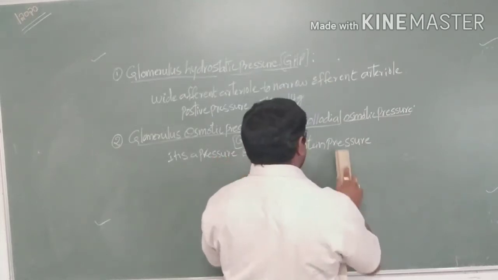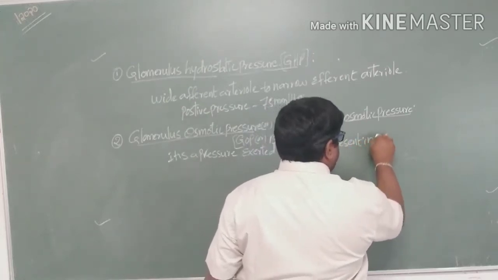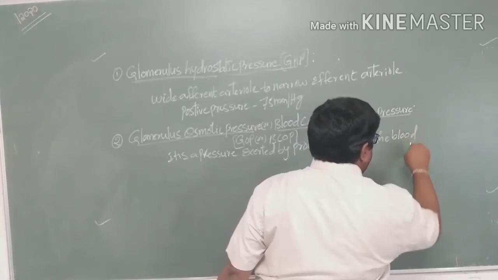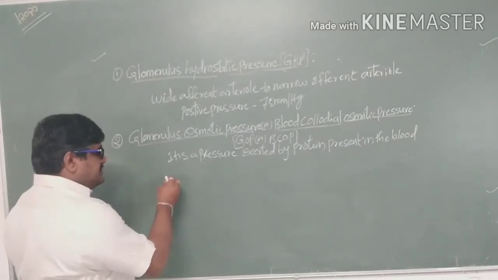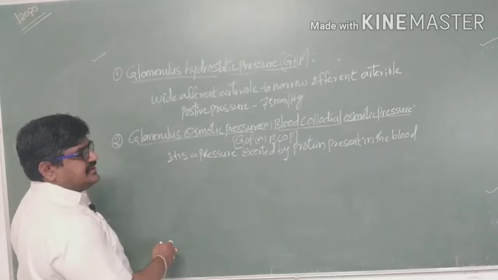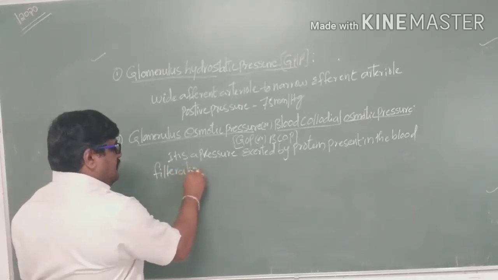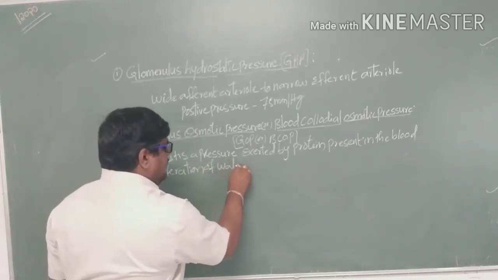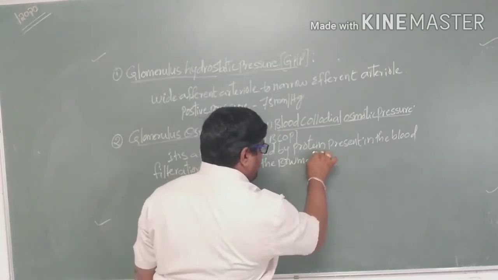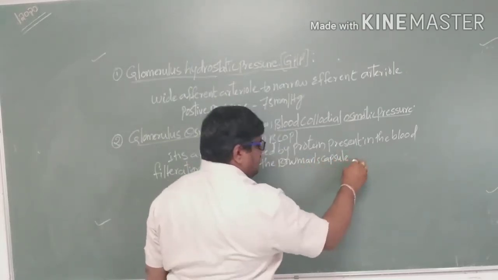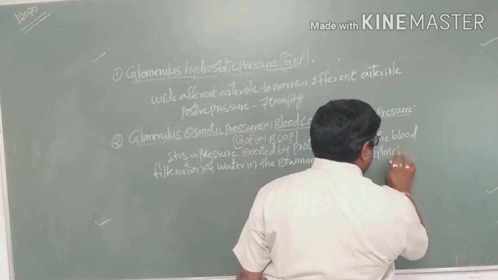It is a pressure exerted by the proteins present in the blood, for the filtration of water into the Bowman's capsule, or into the nephric filtrate.